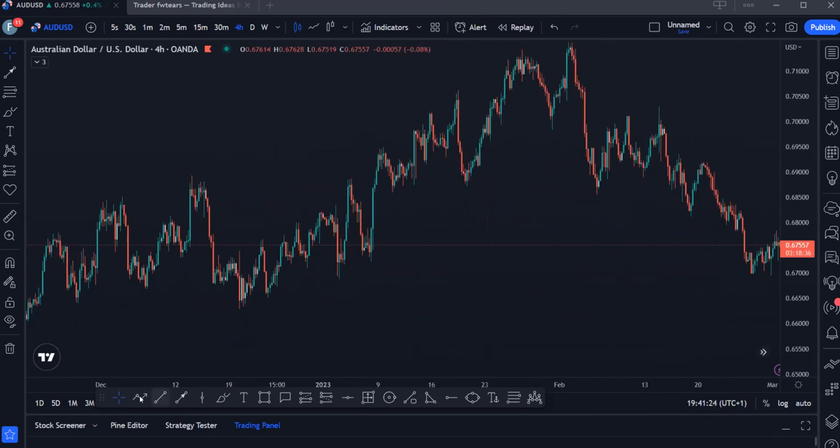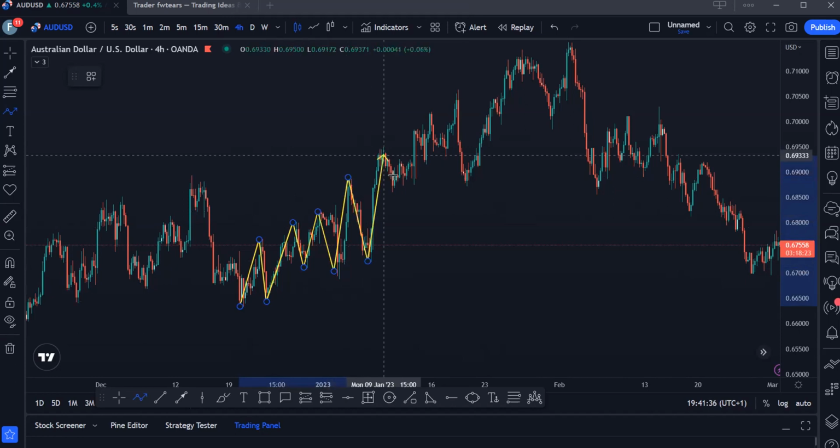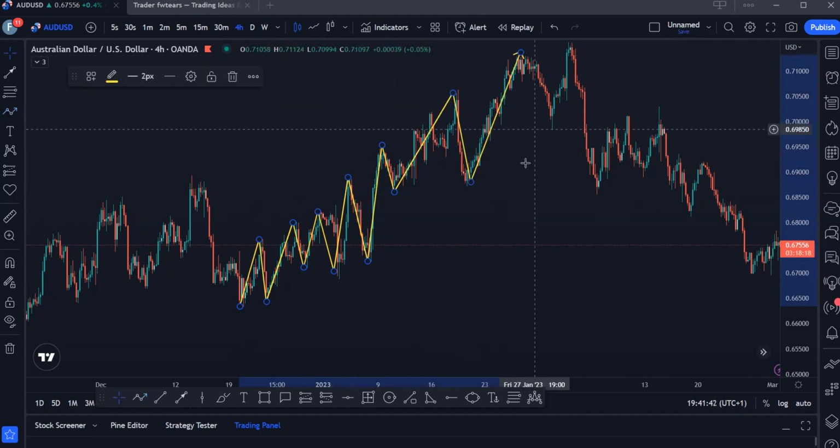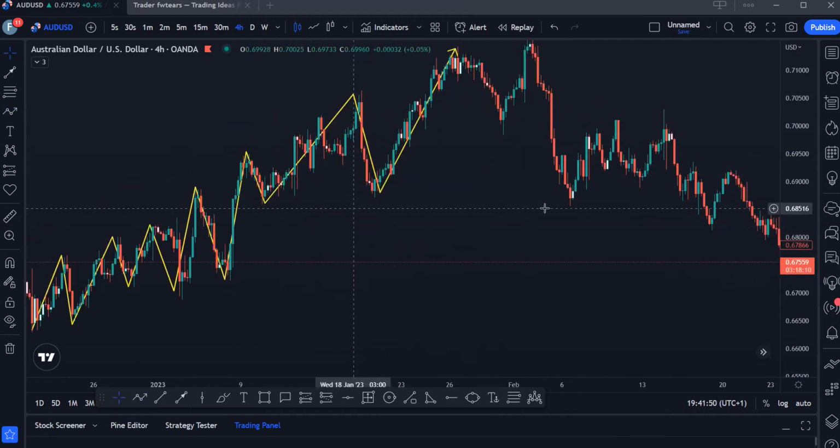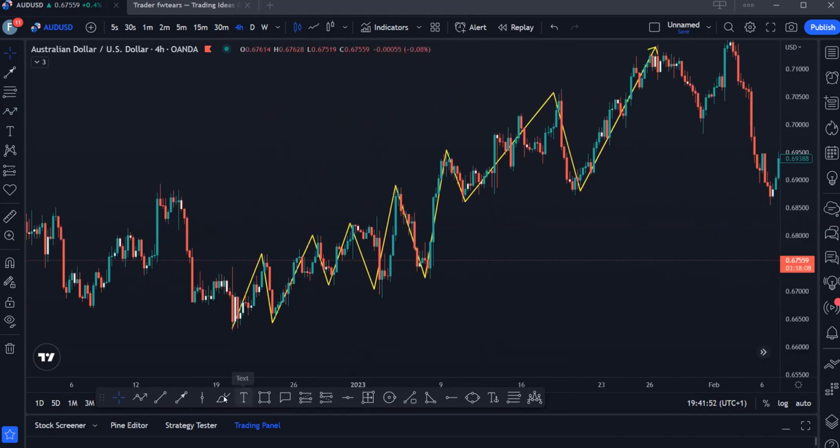All right, let's spot an uptrend real quick. You can see something here. You can see impulse, correction, impulse, correction. Like this, you can see what price is doing. All right, so in an uptrend, what is price doing? Price is creating new highs. It's creating higher highs and higher lows, right? You can see higher highs here. You can see higher lows here.